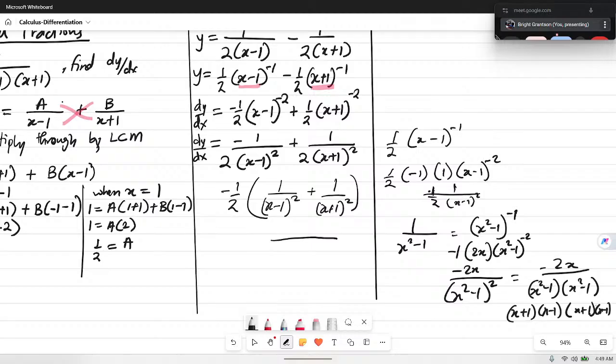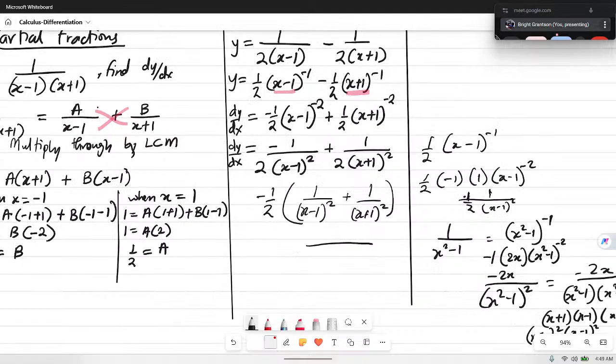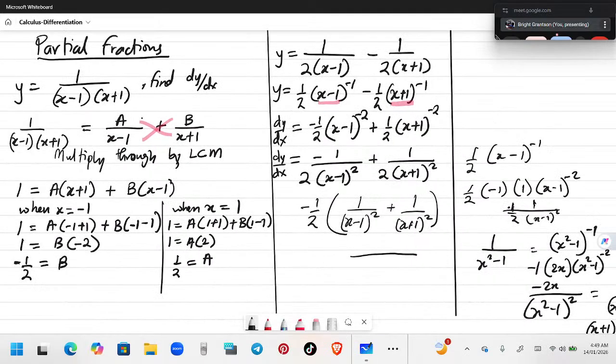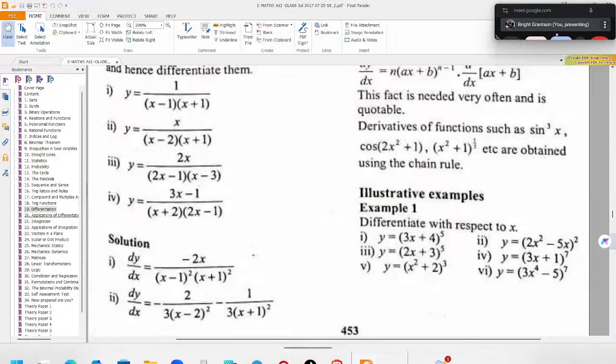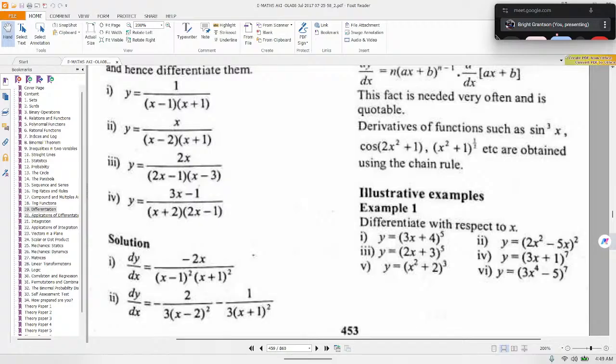Then it becomes x plus 1 squared, x minus 1 squared. But I don't know why they are talking about partial fractions. We are using a different technique to get the partial fractions. Or unless I'm doing the partial fractions wrongly.